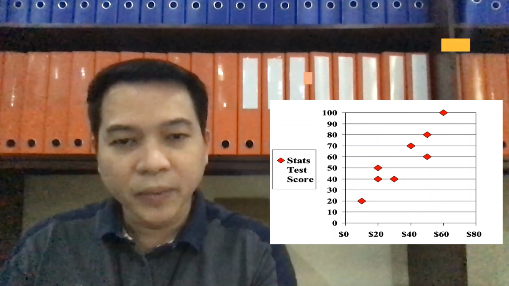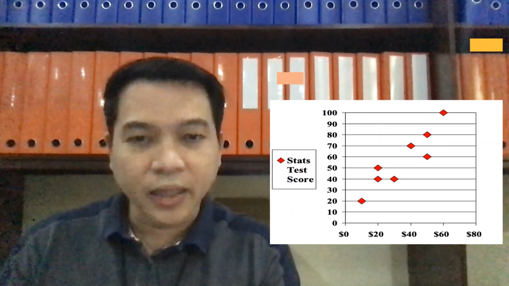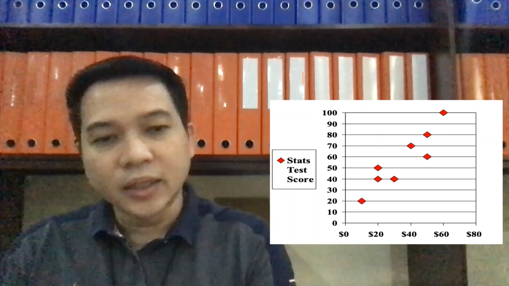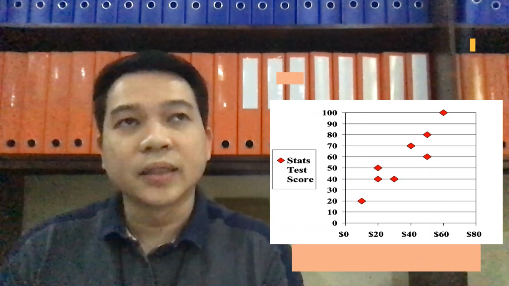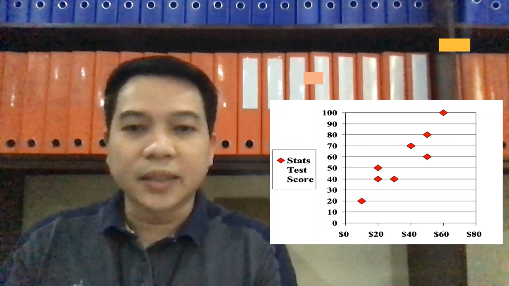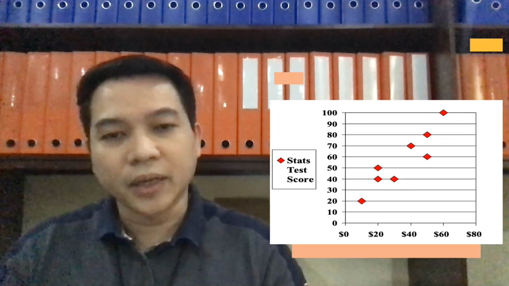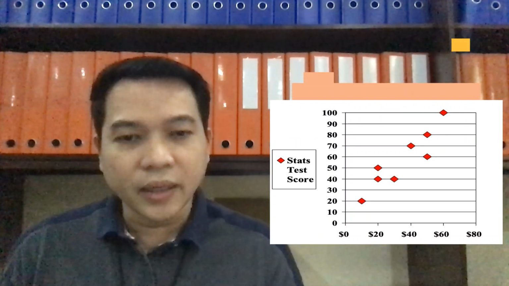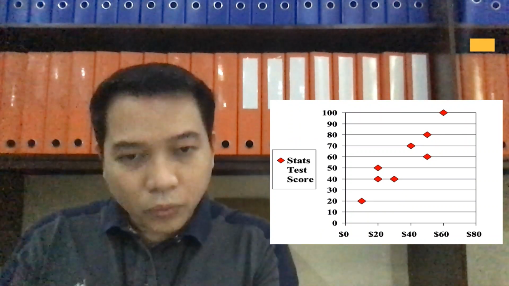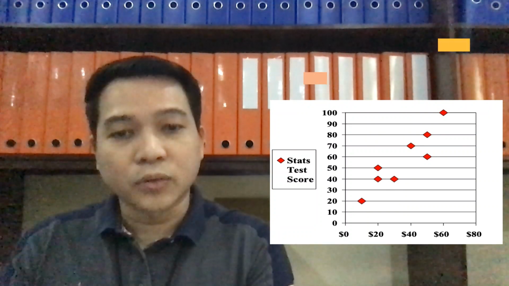For example, on the left side, you will see here the scores, and then beneath that, you will see the labels in terms of, let's say, incentives that they have received. So does it mean that the higher the incentive, the higher the score? So you will see here direct relation that the lower the incentive, the lower the stat test score.